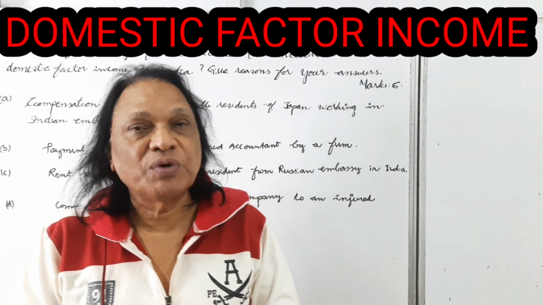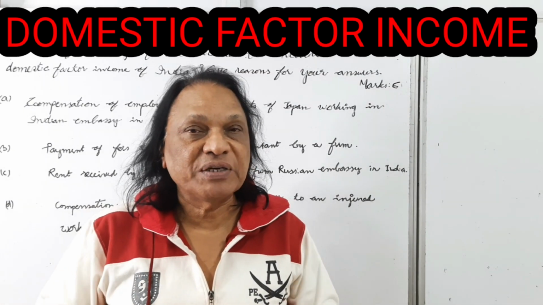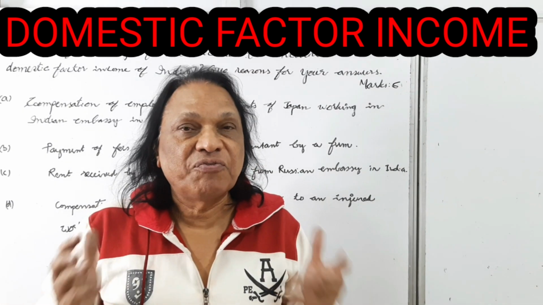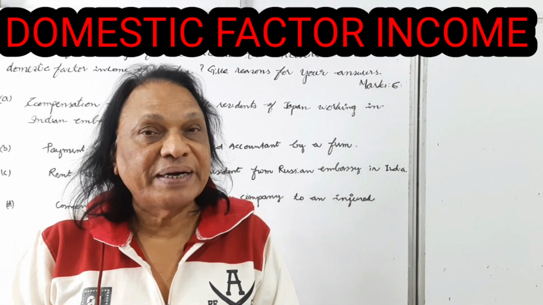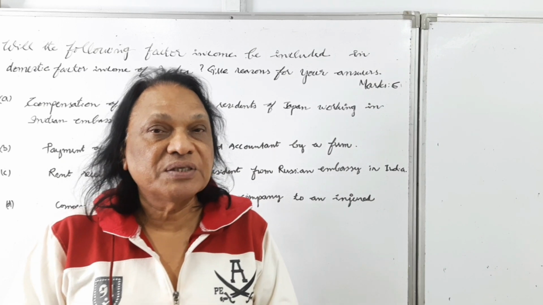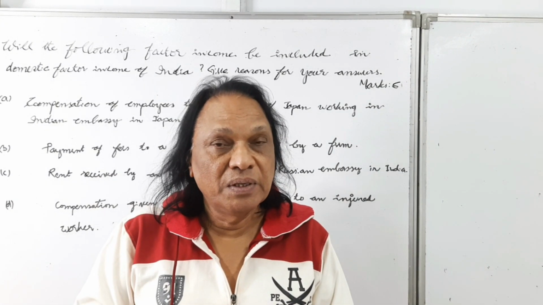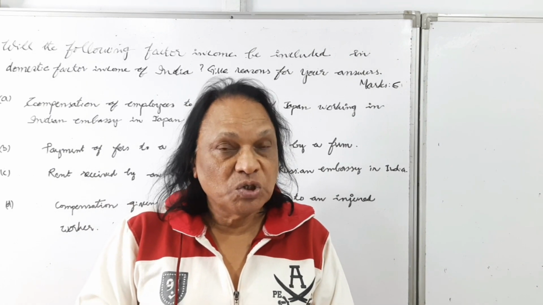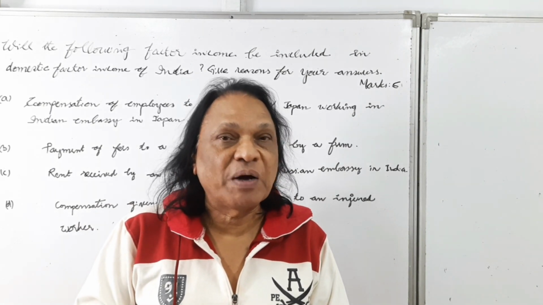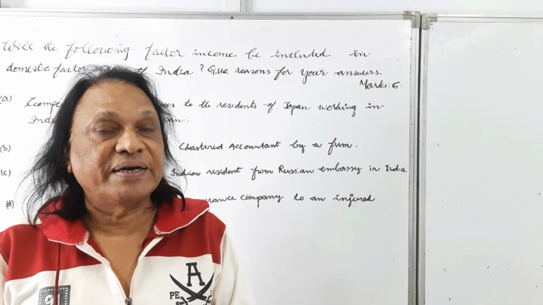Maybe these are true and false questions where you are supposed to write true and justify your answer, or write false and justify your answer. Or sometimes they might ask you, are these values included while calculating domestic income or national income, and why? Such questions are quite popular in the board exams. You should be preparing well for that.